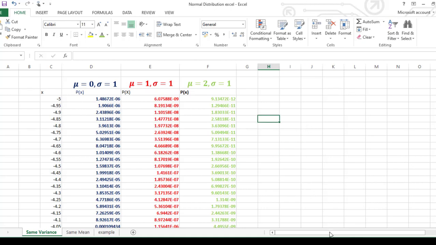Now let us draw the normal distribution curve for all these cases. First take when mu is equal to 0 and sigma is equal to 1.